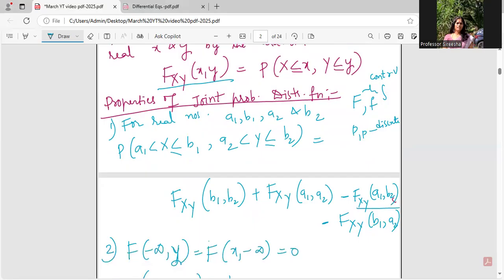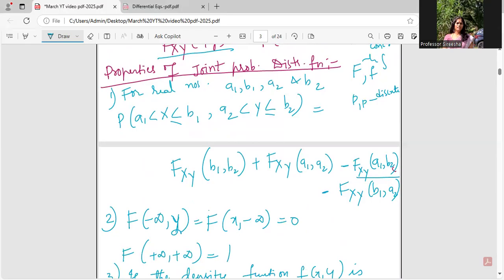Capital FXY with A1, B2 and FXY with B1, A2. You can just see B2 is included, A1 is not included. B1 is included, A2 is not included. So that is subtracted. Okay. The proof is actually very simple and trivial. I shall do it probably if possible in the coming videos. But as of now, I just want to show this property to you.